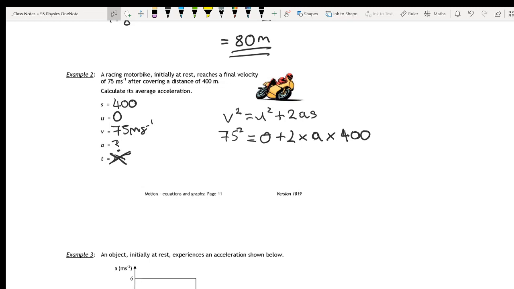So you end up having 5,625 is 800 times acceleration. So the acceleration comes to 7.03 meters per second squared.